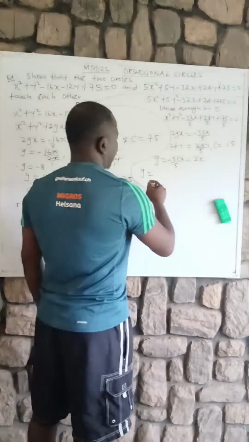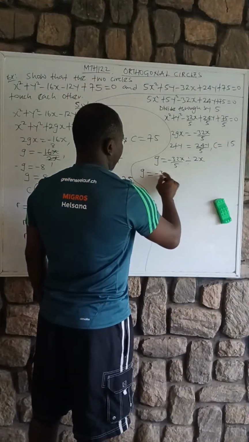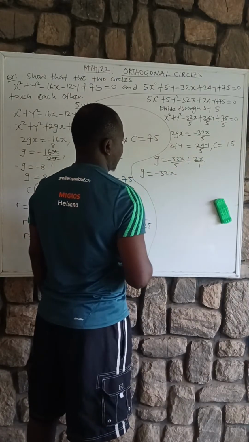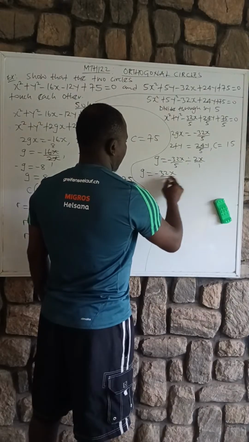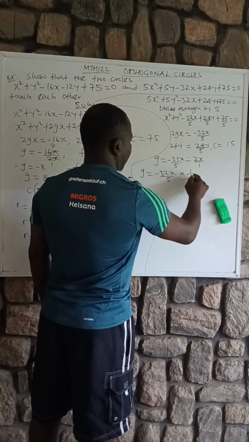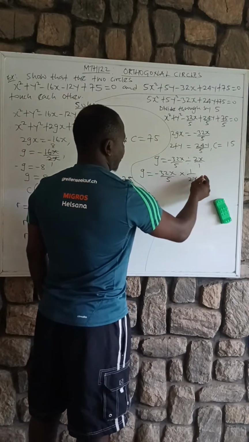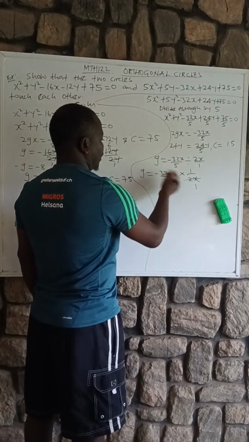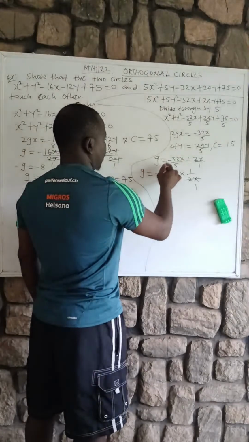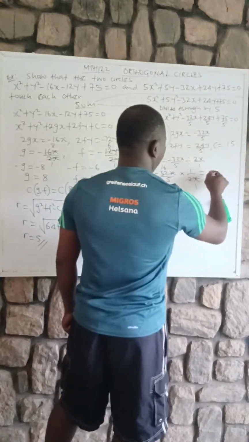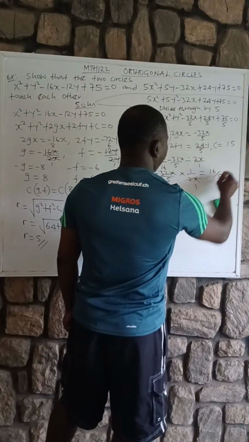This is the same thing as minus 32x, note that there is an invisible 1 here, all over 5 times 1 all over 2x. So 2x can cancel itself, and 2 into 32 is 16. So G is equal to 16 all over 5.